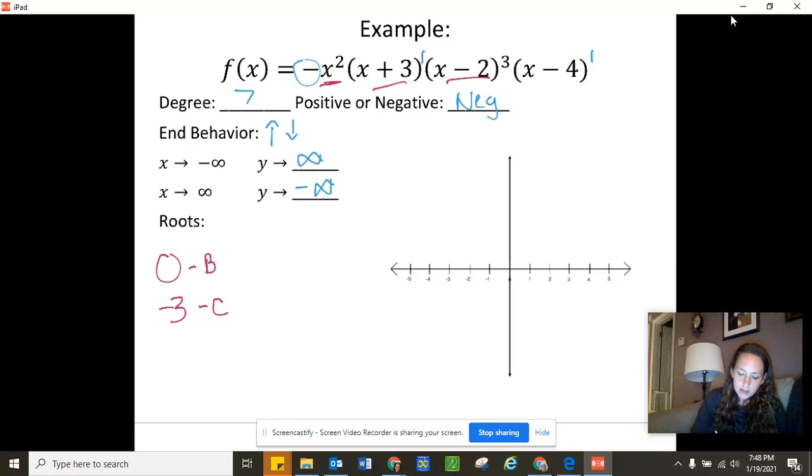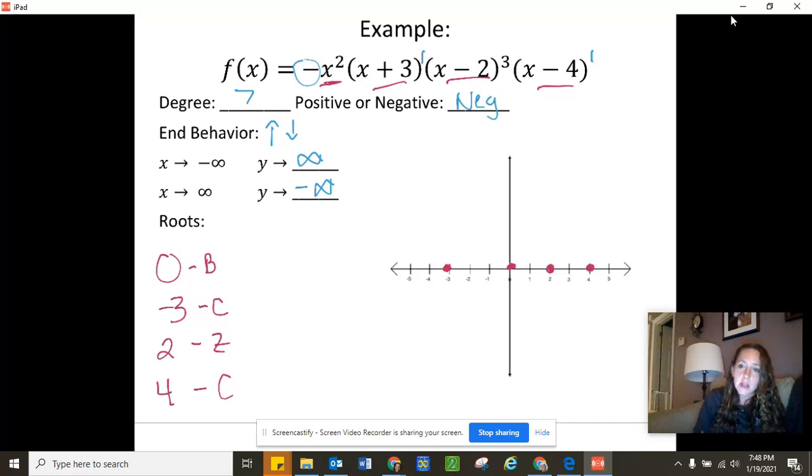Then I've got positive 2, which is to the third power, so that's going to be a zigzag. And then positive 4, which has a multiplicity of 1, so that's just a cross. So when I graph this, I'm going to put a dot at each of those numbers: at 0, at negative 3, at 2, and then at 4.